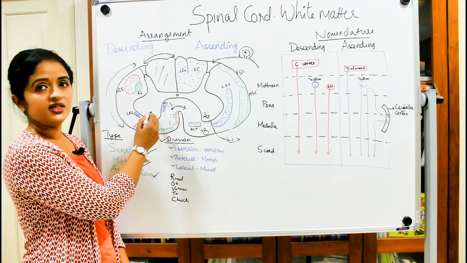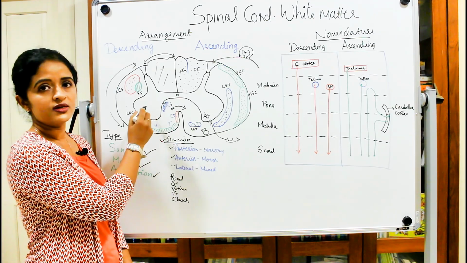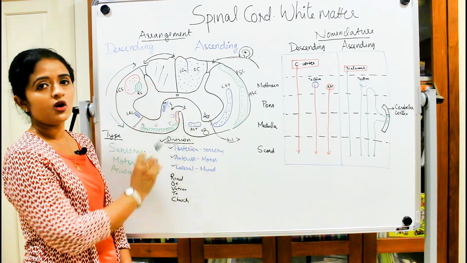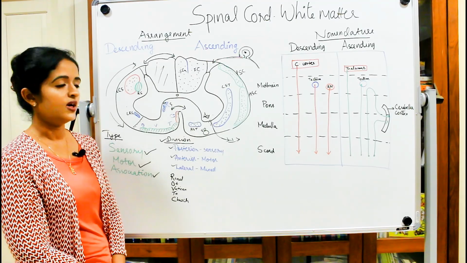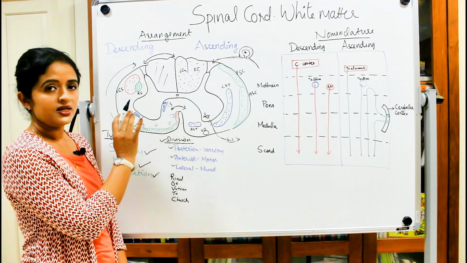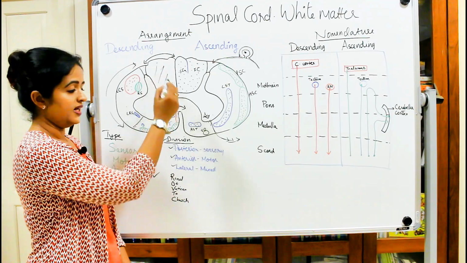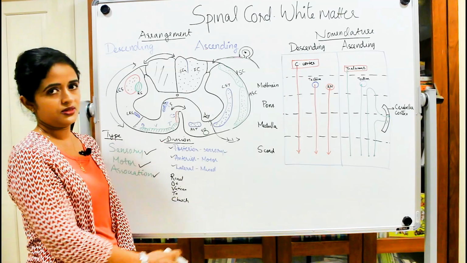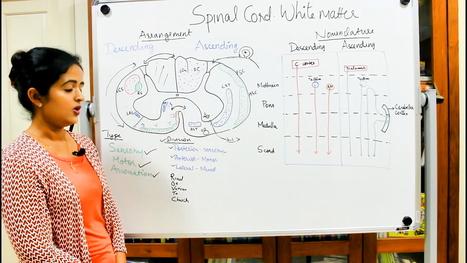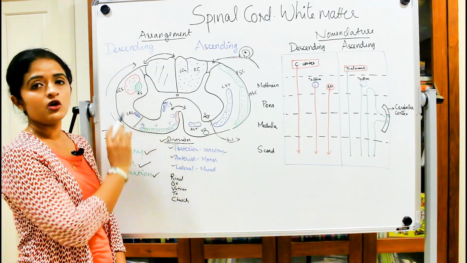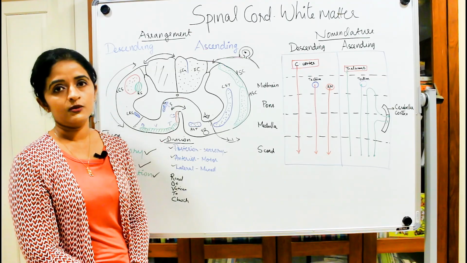When we mentioned the grey matter, the ventral horn is actually motor and the dorsal horn is sensory. Likewise, the anterior column is mainly motor, and the posterior column again is only sensory. That is an important thing you have to remember. Whereas the lateral column contains both sensory and motor.